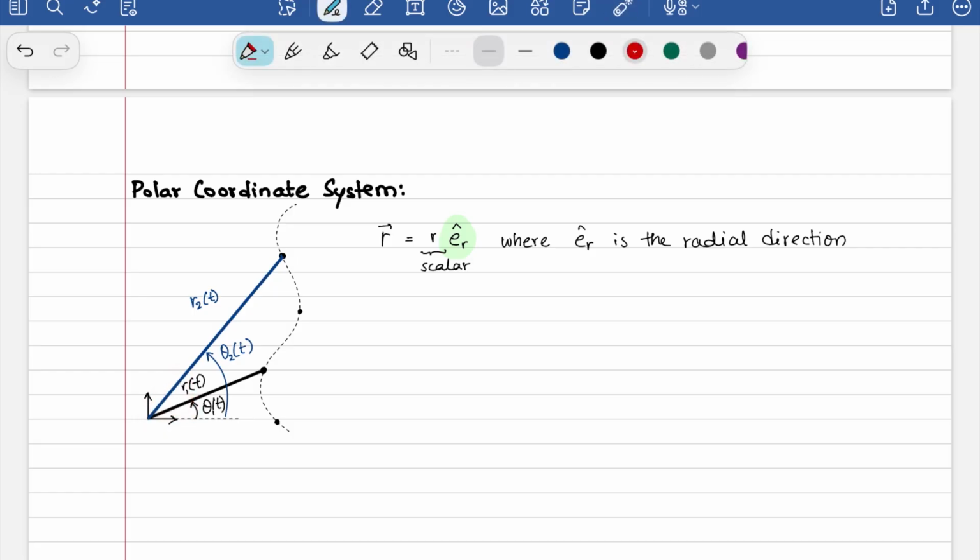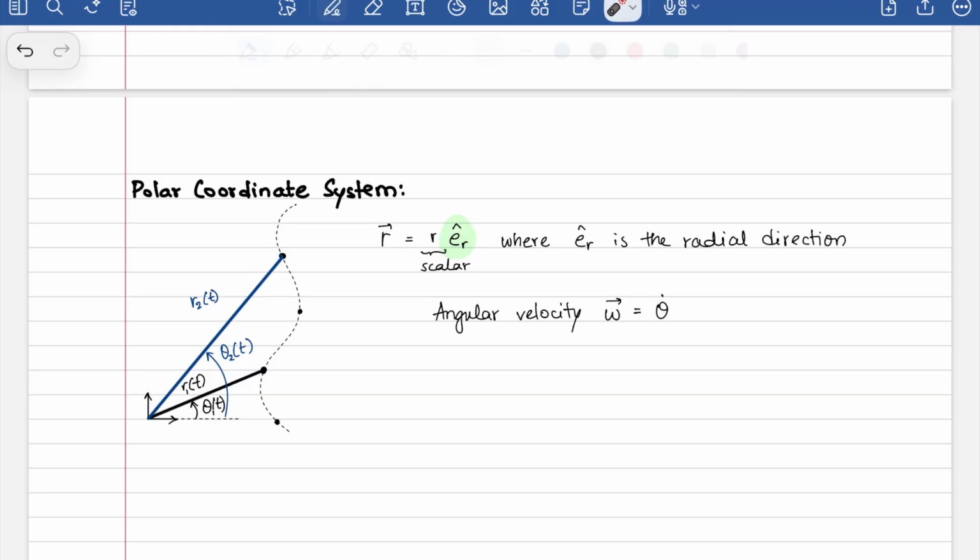So the rate of change of rotation of that unit vector is given by the angular velocity. So that here is the angular velocity, omega vector is equal to theta dot in what direction? So here again, you want to have your right hand rule, which means that you have your fingers curling in this orientation.